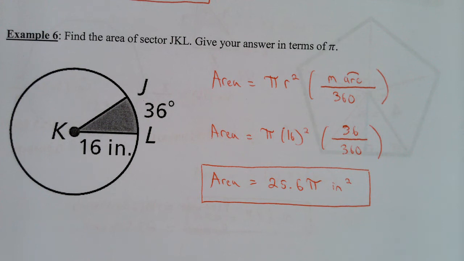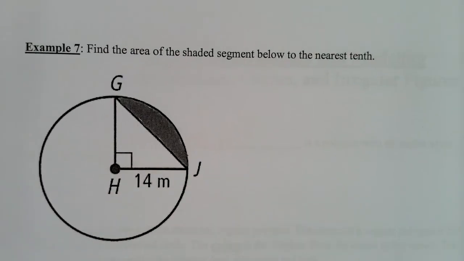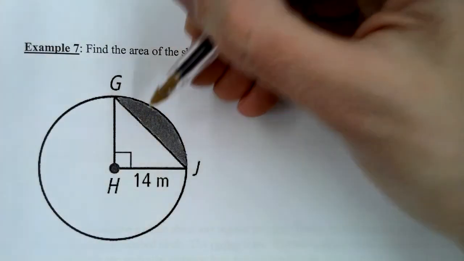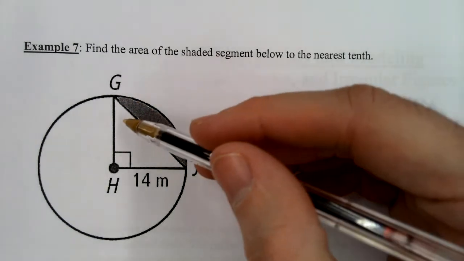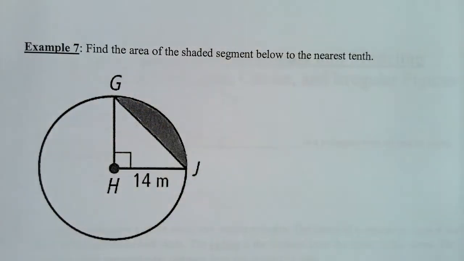If I take it one step further, okay, and I say, what is the area of the shaded segment? So this is called the shaded segment for a circle. What's the area of that shaded segment? How could you find that? What you're going to do is you're going to get the area of the entire sector, like we just did, and then you're going to subtract out the area of the triangle. Okay?